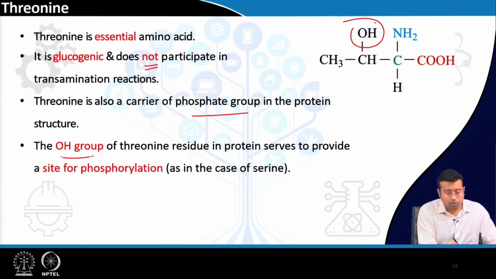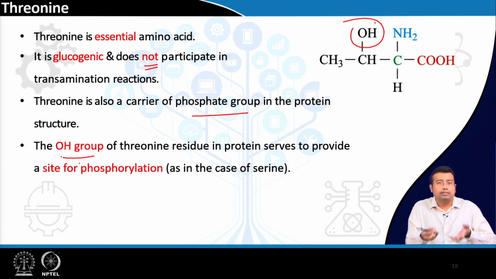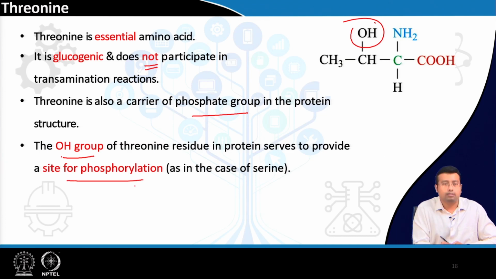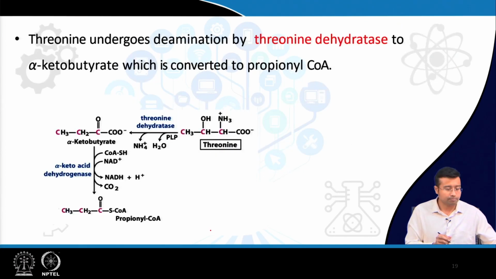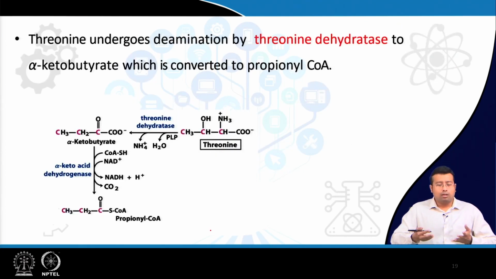Just like serine, the OH group of the threonine residue in the protein serves as a site for phosphorylation. Whenever there is serine and threonine, those sites will be selectively phosphorylated. This OH group also serves as an anchoring area for carbohydrates whenever a glycoprotein is being formed, similar to serine.